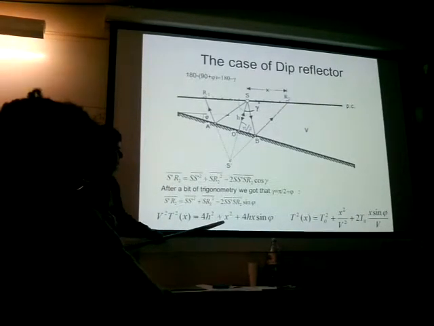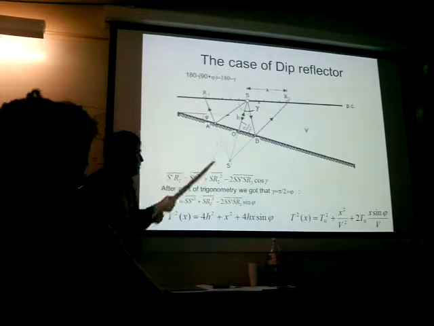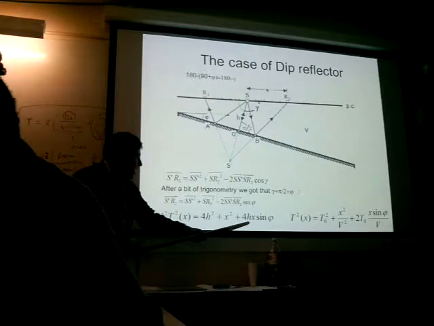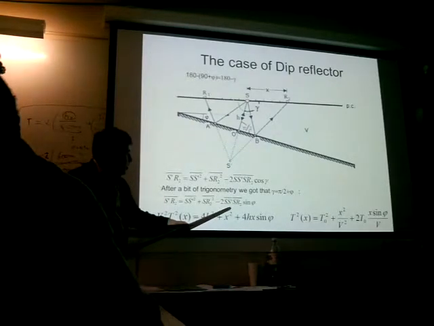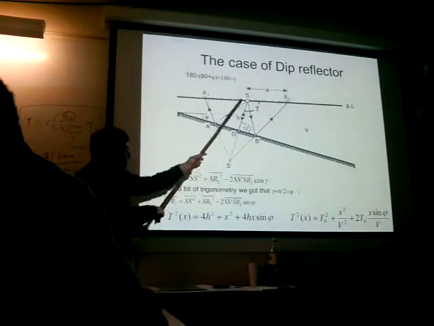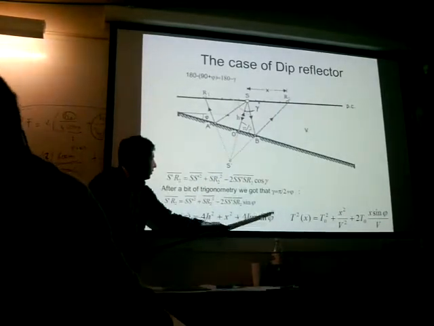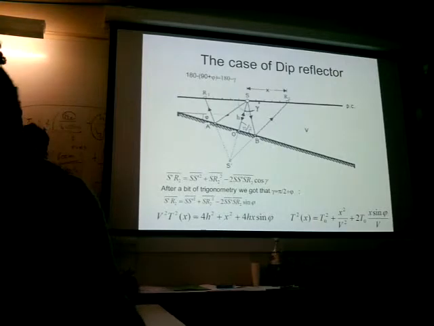Okay? Plus the distance between the source and receiver, X squared. Then I get twice my 2H, SS prime, multiplied by X, multiplied by the sine of the angle of the dipping layer.